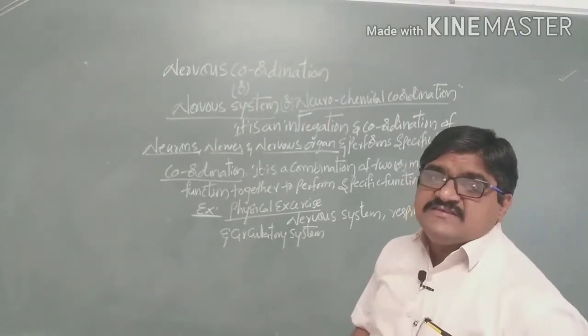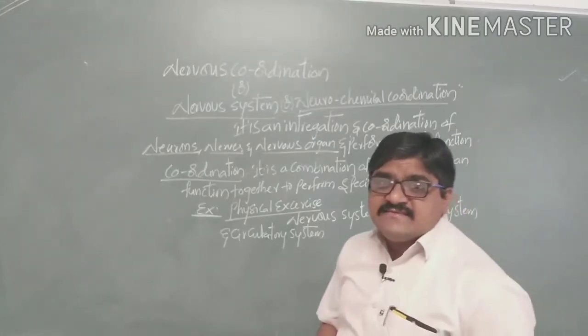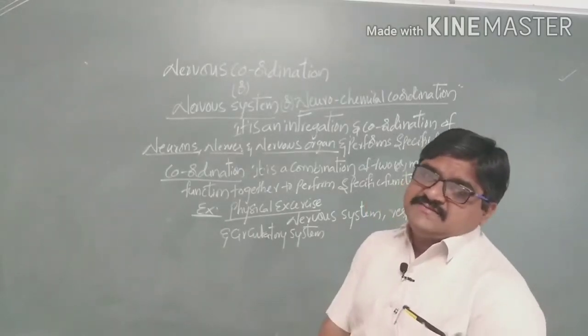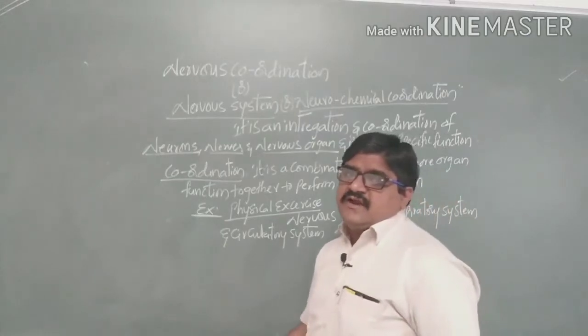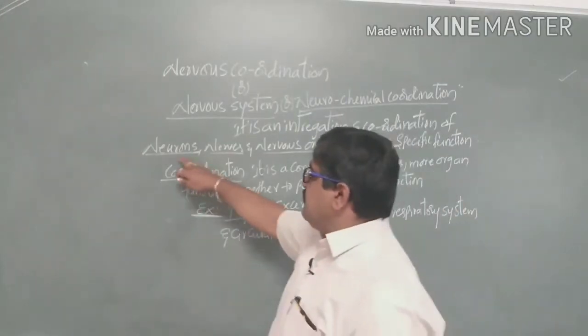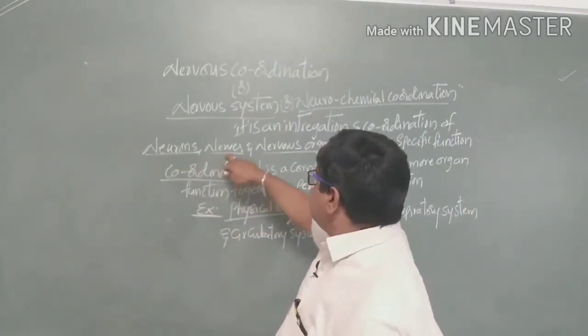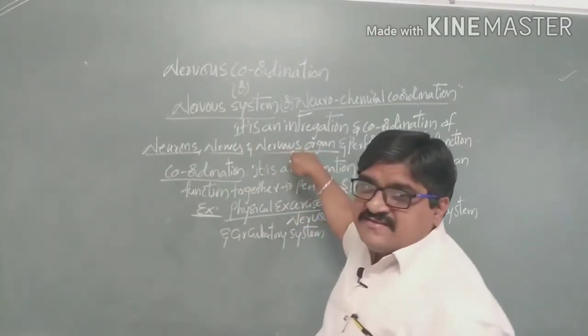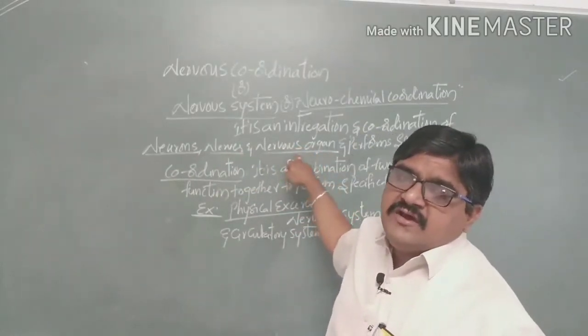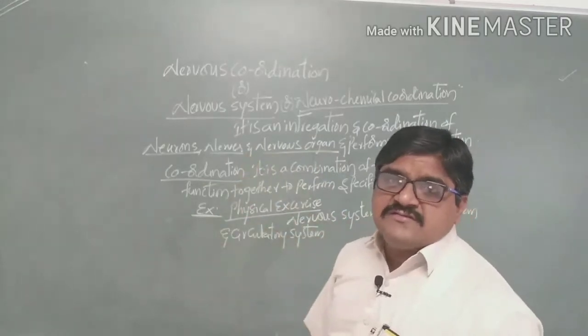Here this nervous system mainly consists of three parts: neurons, nerves, and nervous organs. What are neurons?